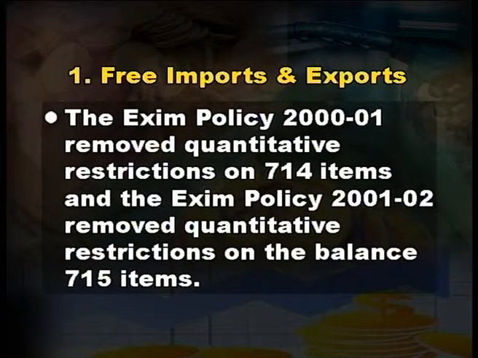The exempt policy 2000-2001 removed quantitative restrictions on 714 items, and the exempt policy 2001-2 removed quantitative restrictions on the balance 715 items.